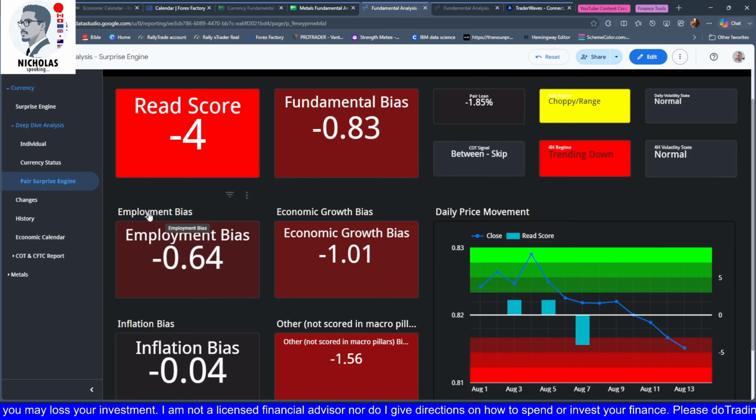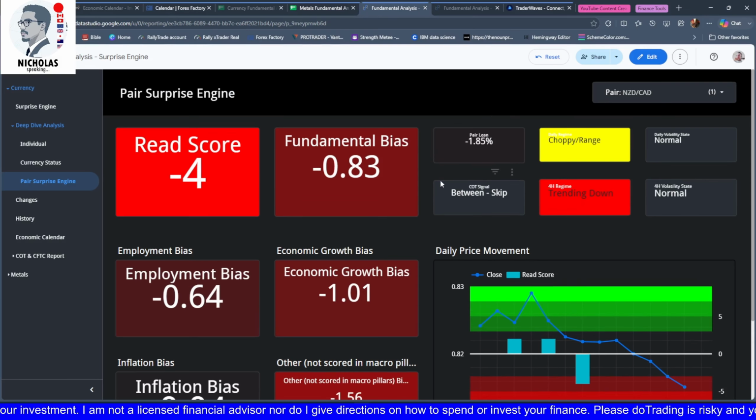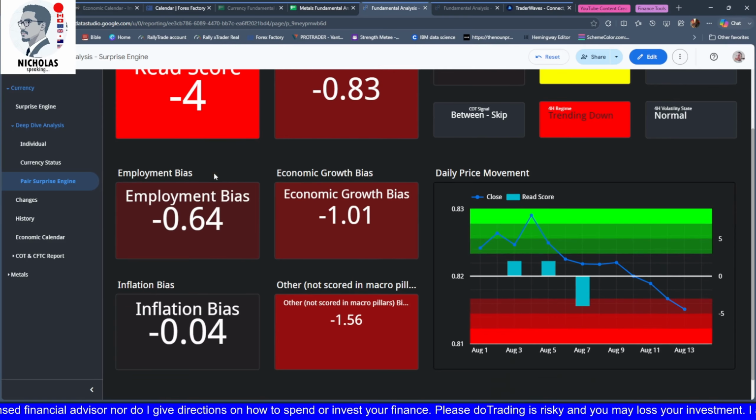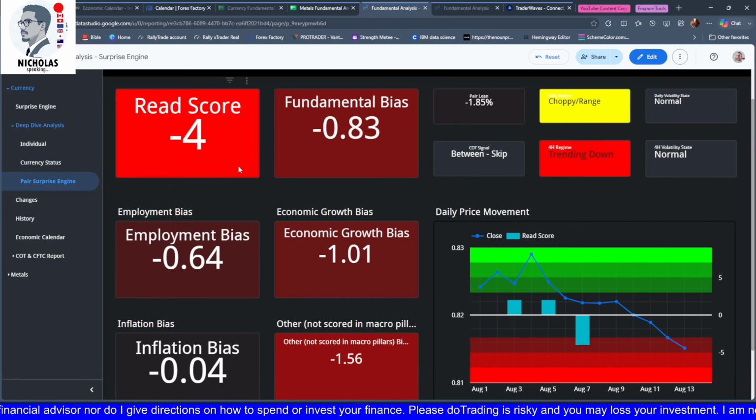As you can see clearly here, the employment, economic, orders and inflation bias all point in favor of the Canadian dollar. In this case, it is the quote currency, giving us a final rate score of -4. That is a strong negative score we are seeing here this morning, saying that this currency this morning is fully reading a sell market. Now with this knowledge in mind, let's go look at the chart.